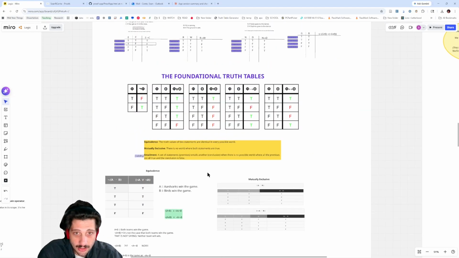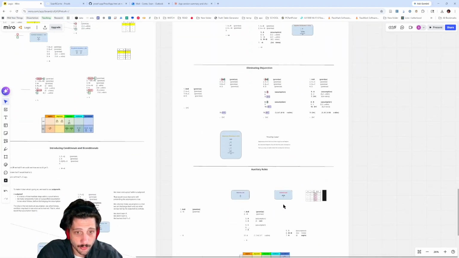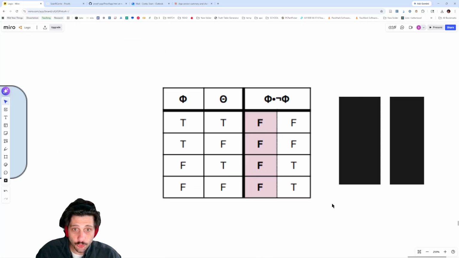But let's just think about any old example with a contradiction. So we can look at this truth table, which gives us the truth value of a contradiction. Here we have phi, and we have this contradiction built out of phi. So regardless of if phi is true, to say phi and not phi, that's just always going to be false, right?